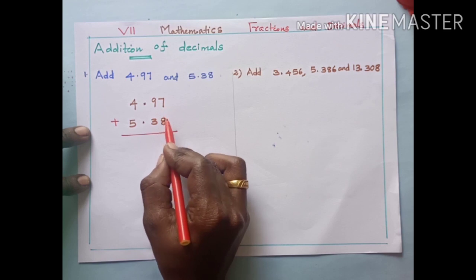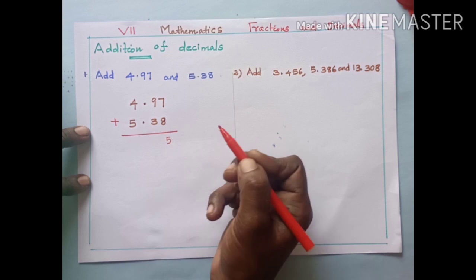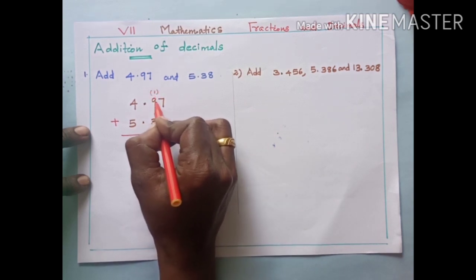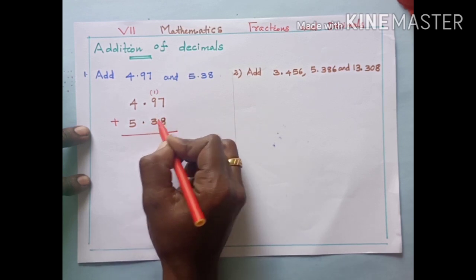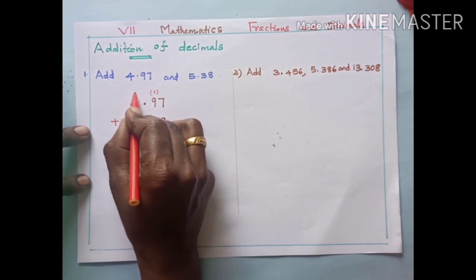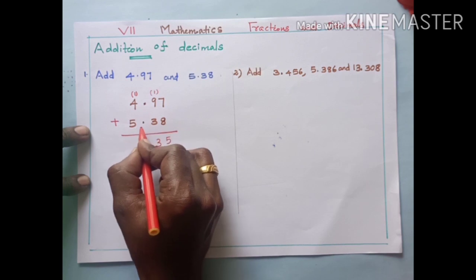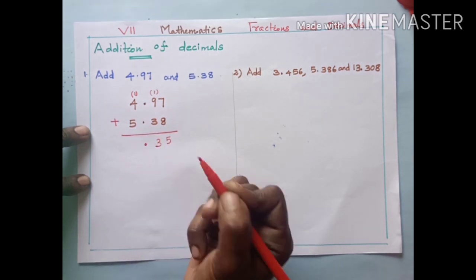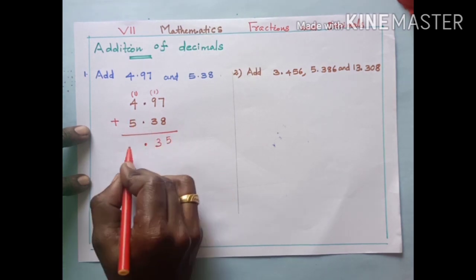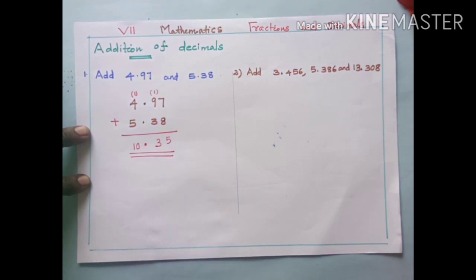So 7 plus 8, 15, 1 carry, 1 plus 9, 10, plus 3, 13, again 1 carry put here, whole number part, put the decimal point in the same place here, then adding 1 plus 4, 5, plus 5, 10. So, the answer is 10 point.